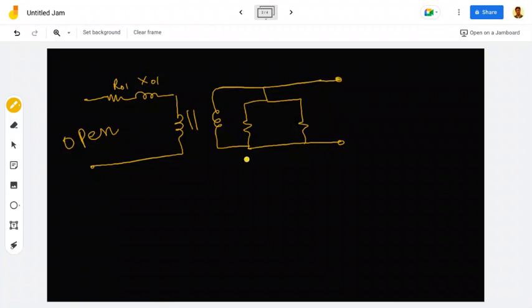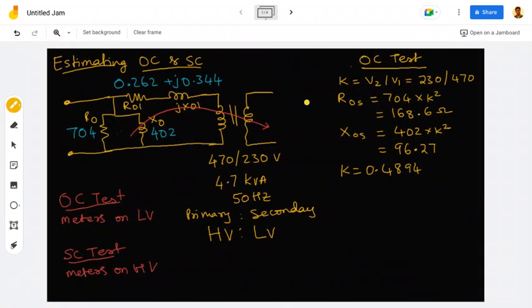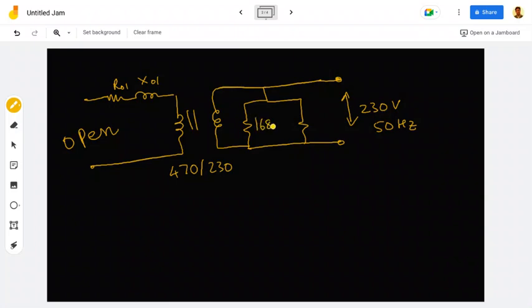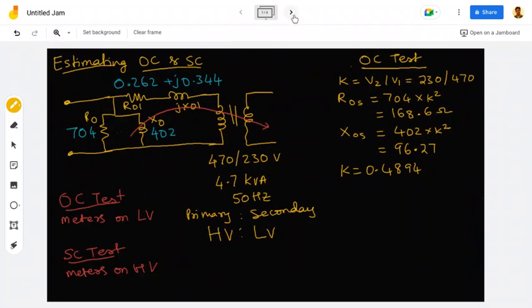So this is the secondary side. So 470 by 230. That means here I will apply 230 volts AC. Here, the values we just calculated are 168.6 and 96.27.